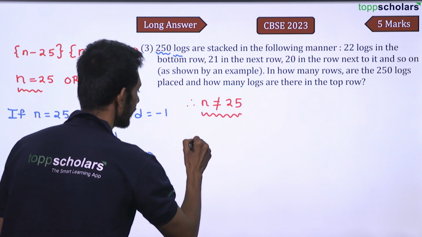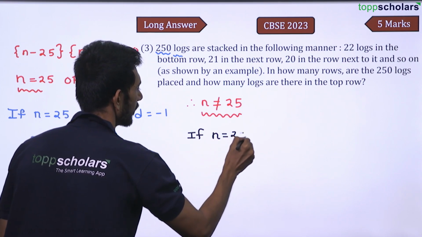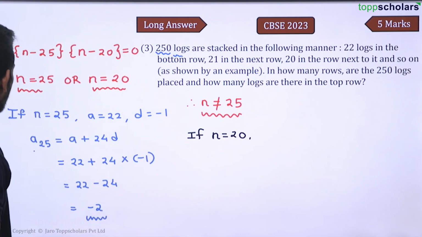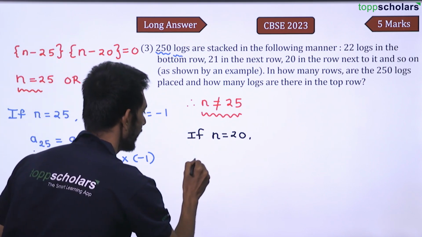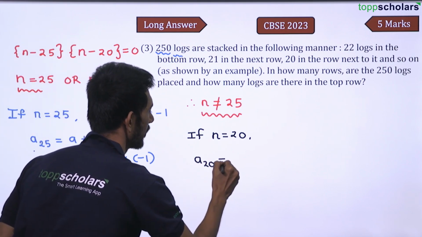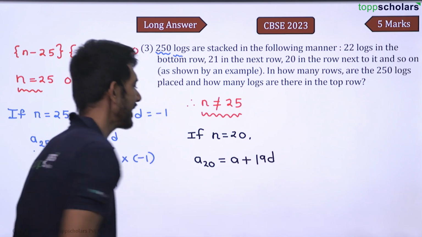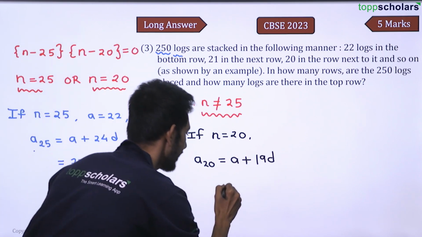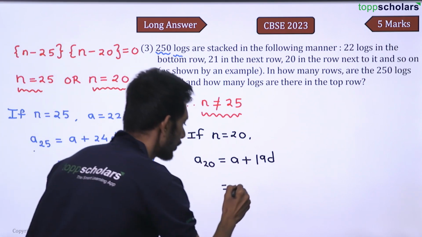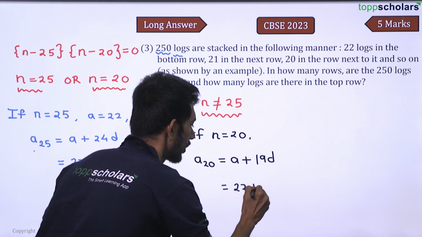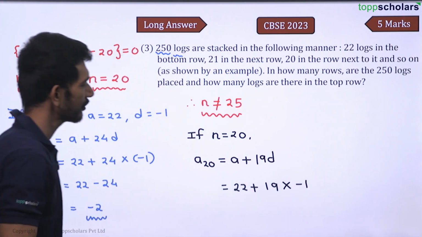So let us say n is equal to 20, what are we going to get? We are going to get A20 is equal to A plus 19D. So that is equal to, what is A? A is 22 plus 19 into, what is D? D is minus 1.